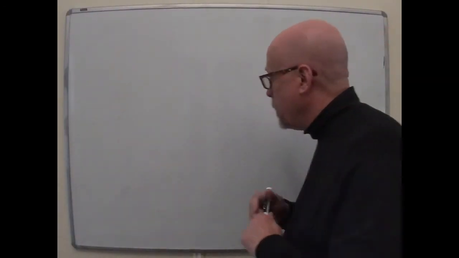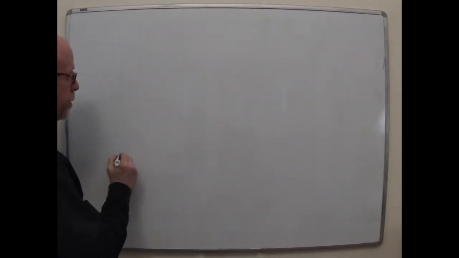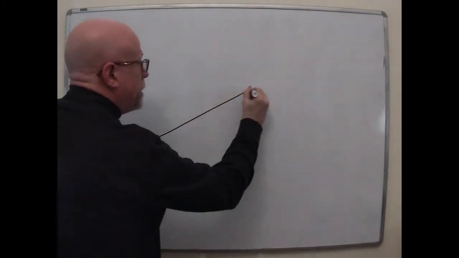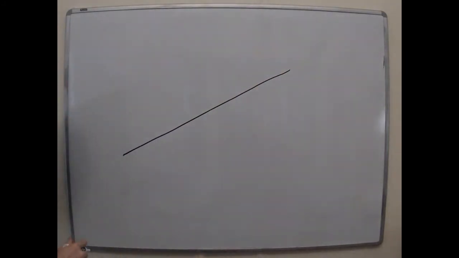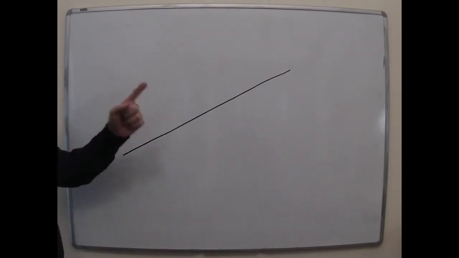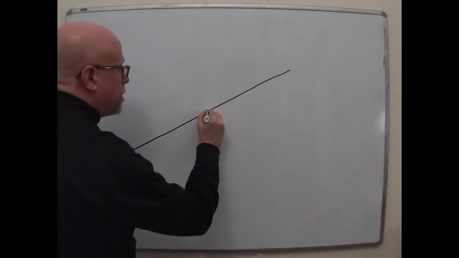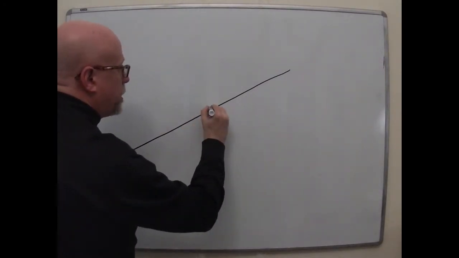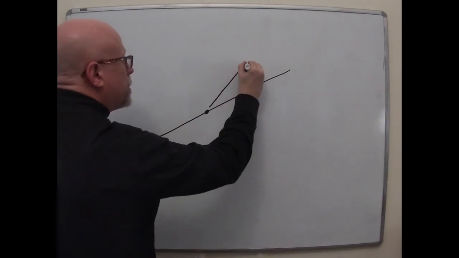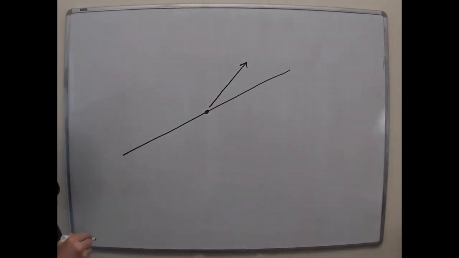Okay, let me make a diagram to illustrate the thing I was just showing you. Suppose you have a track. You can think of it as a train track or a canal, and the thing that's pulling an object along that track has to do so at an angle. So let's make a dot for the object, and this vector will represent the force applied to the vehicle.